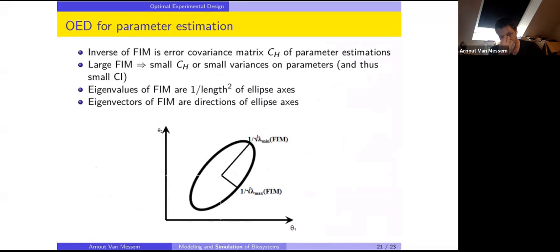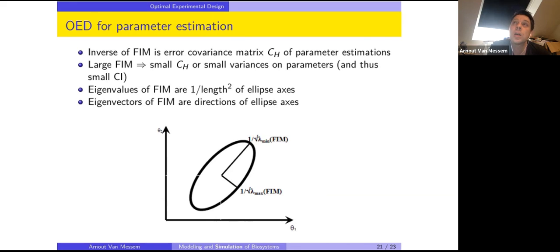Not really as such, because the ellipse is a confidence region in 2 dimensions. So this is the ellipse which contains 95% of the plausible values, but in 2 dimensions. If you look at it in 1 dimension, you get indeed a confidence interval in the directions of the axis.